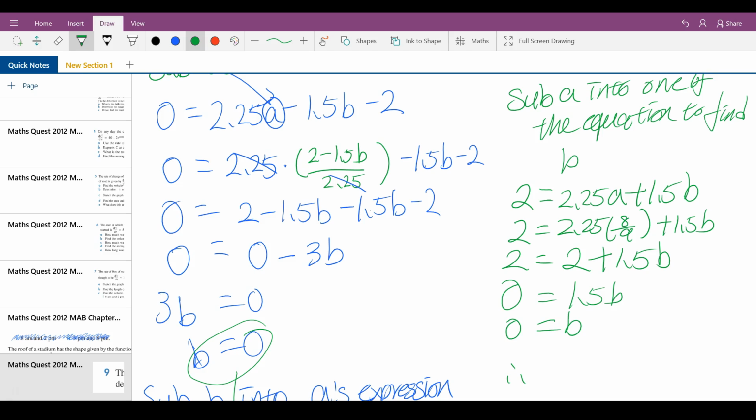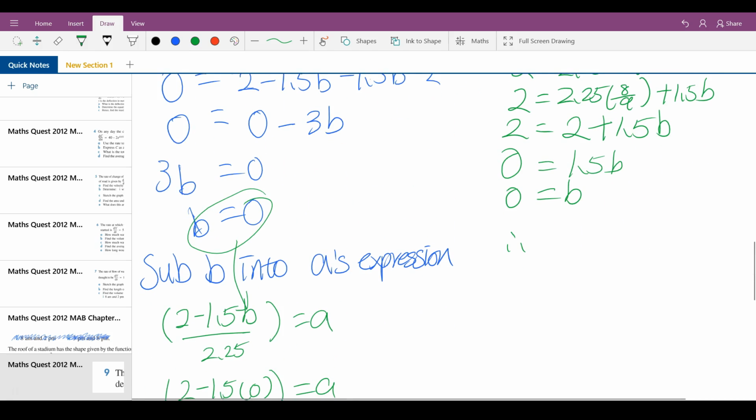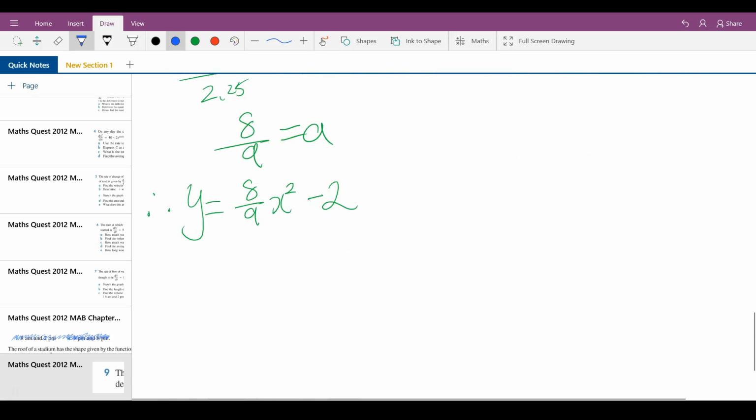So therefore, at the end, I should use a different color since I used the blue, red already there. I'll use back blue. So therefore, y equal to 8 over 9 x squared. No b because b is 0, and then the c is negative 2. Yep.